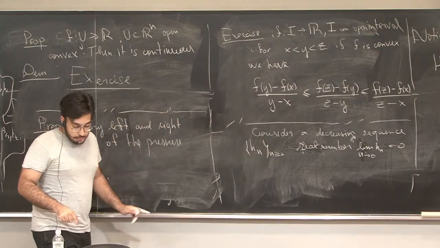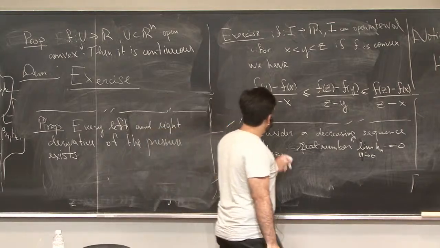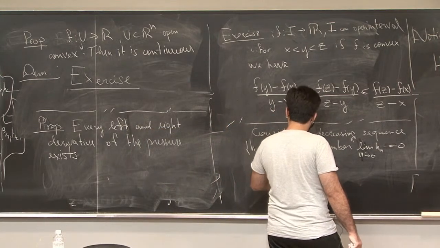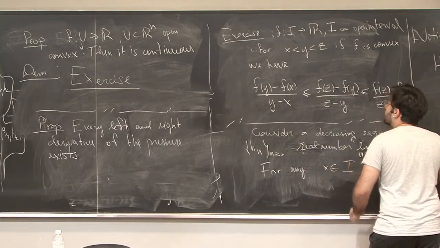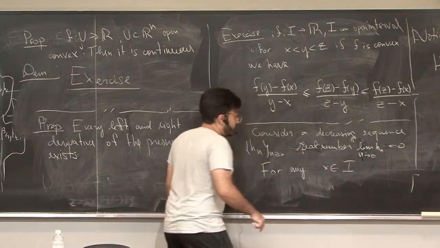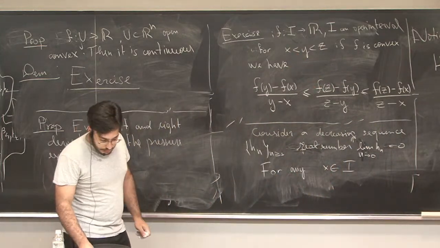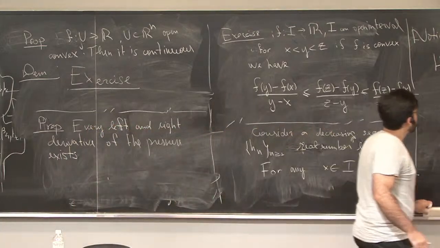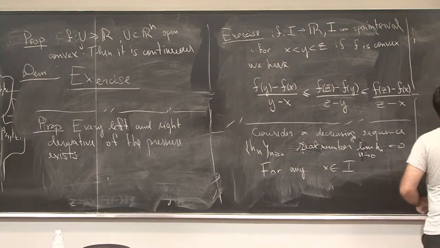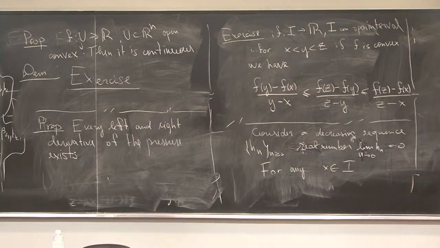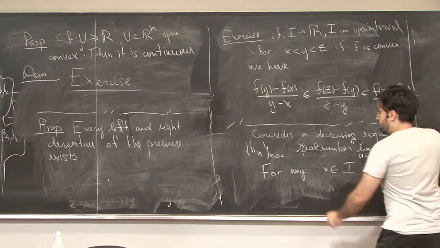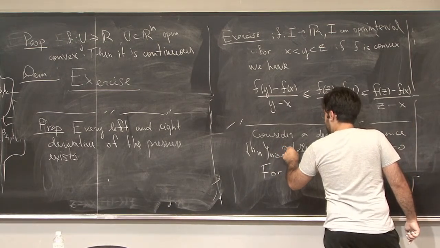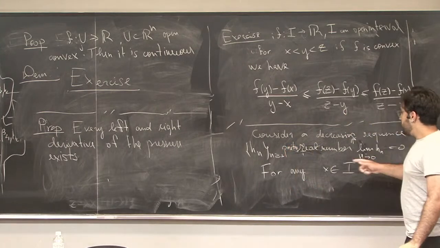And what this property shows me is that for any x in the interval, in the domain of the function, I will need the h_n to be positive, okay? So they are decreasing and they are positive.